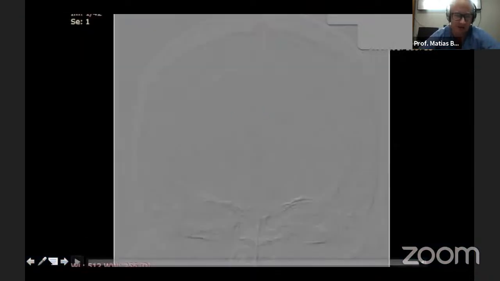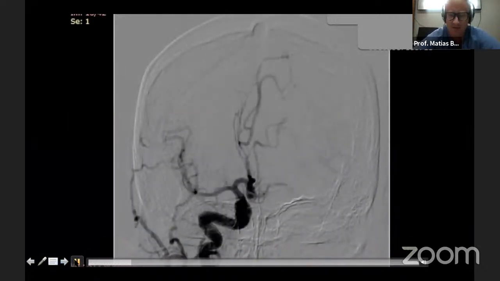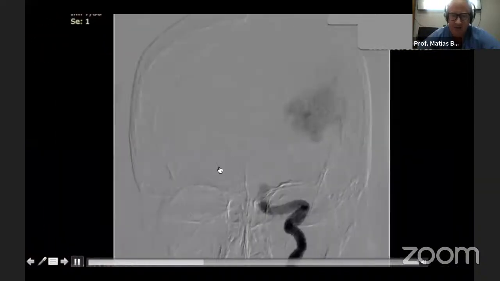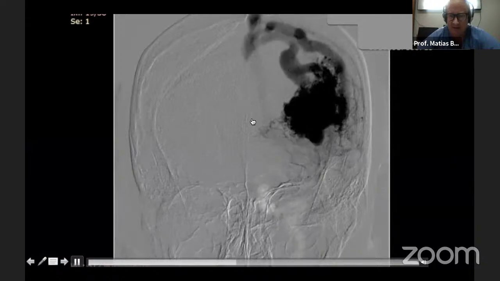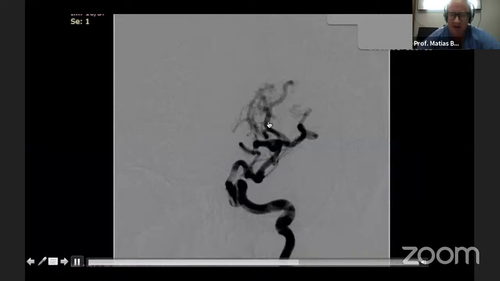We can observe here the preoperative angiography, where the AVM is fed from both anterior cerebral arteries, and from the left middle cerebral artery too.